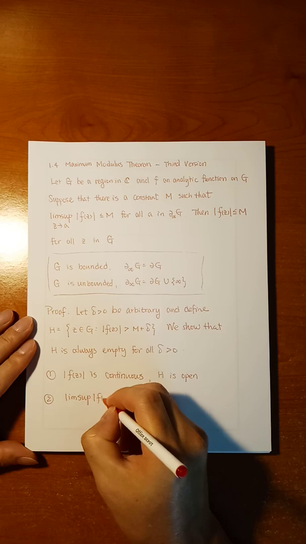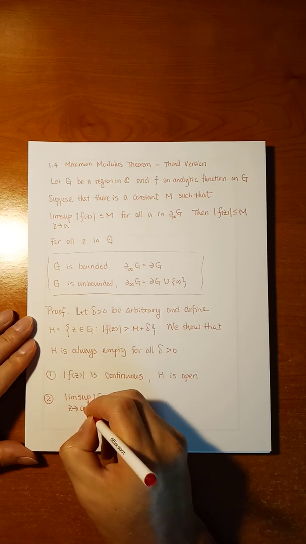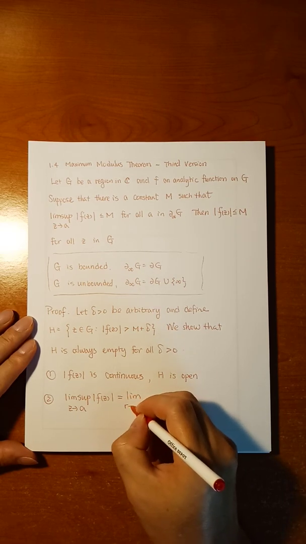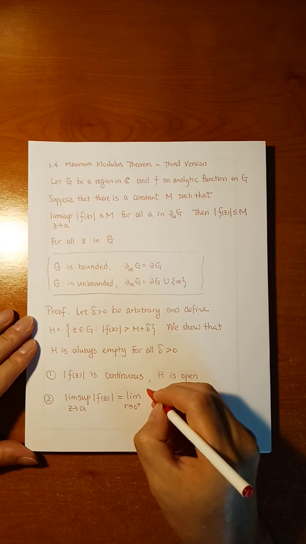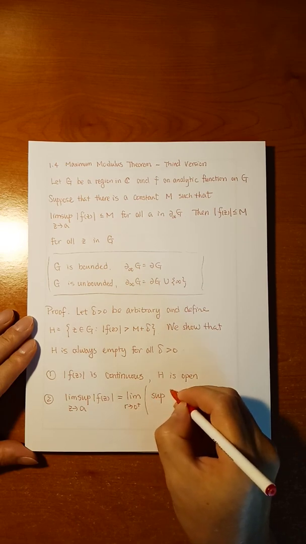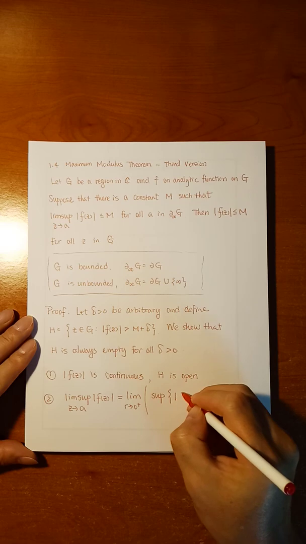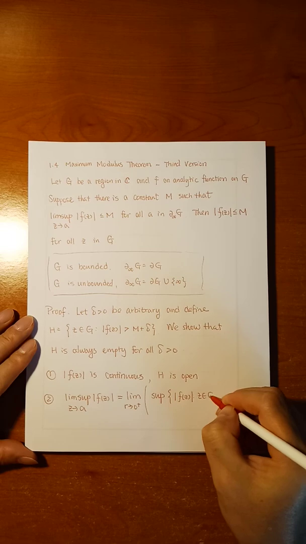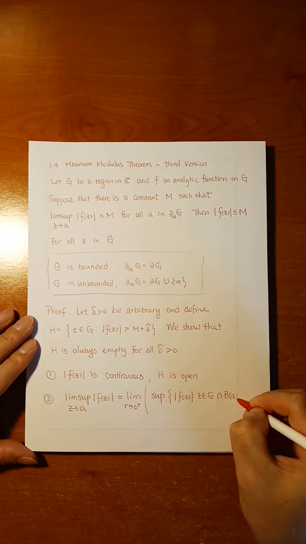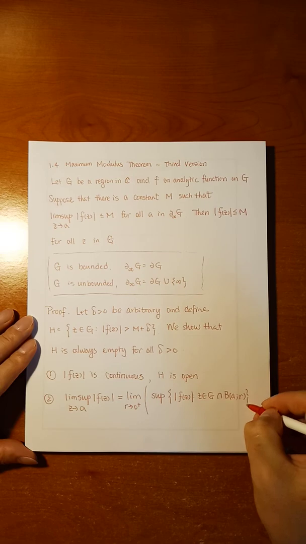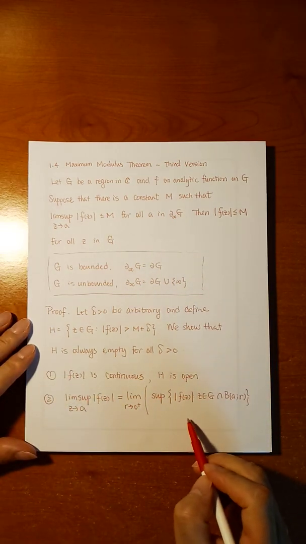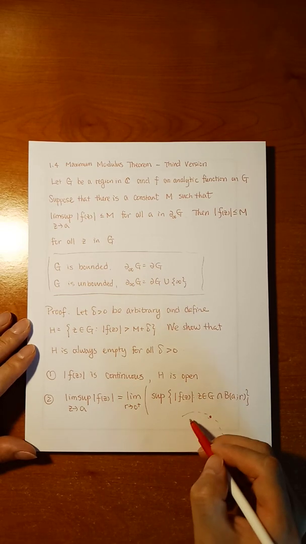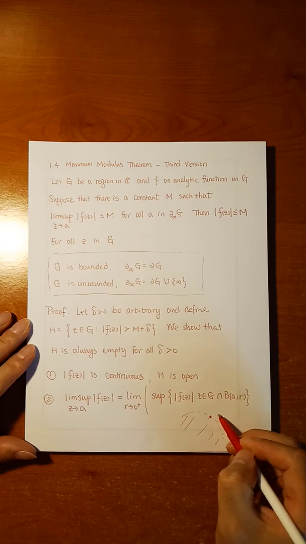The lim sup of the absolute value of f of z as z approaches a, by the definition, is the limit as r approaches 0 from the right-hand side of the supremum of the absolute value of f of z, where z belongs to G intersect the ball centered at a with radius r. So this part is G. This point is a.